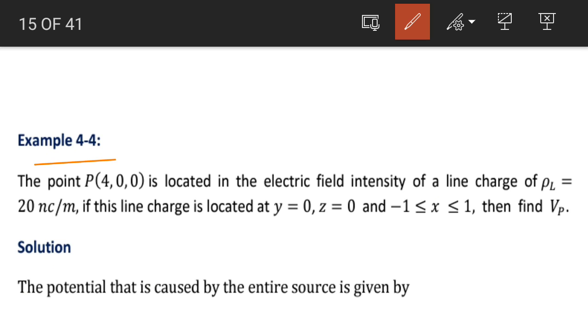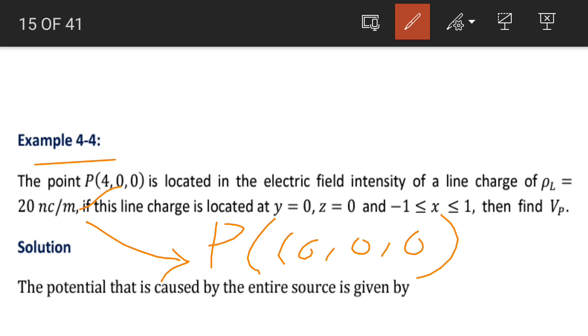Assume that this point is (10, 0, 0). So there is a small mistake in this particular point. Consider that the coordinates of this point are 10, 0, and 0. Right? So instead of 4, we have got 10. So let us assume that this point is (10, 0, 0).